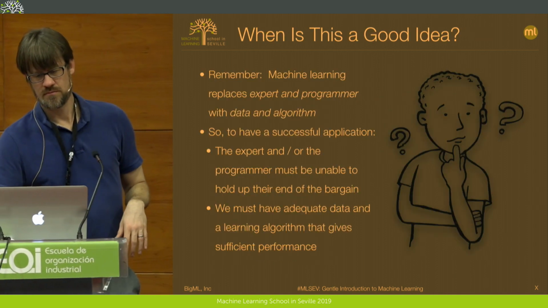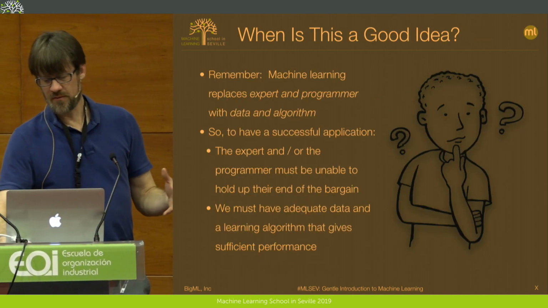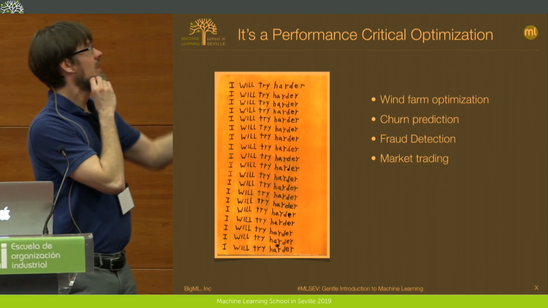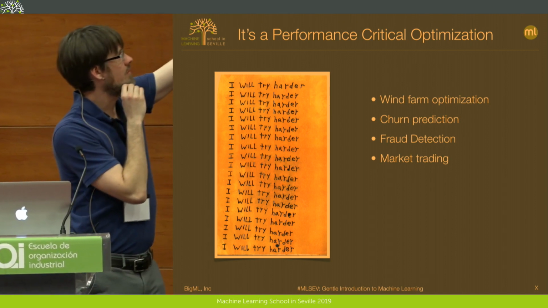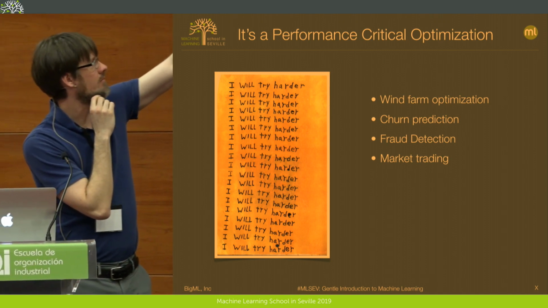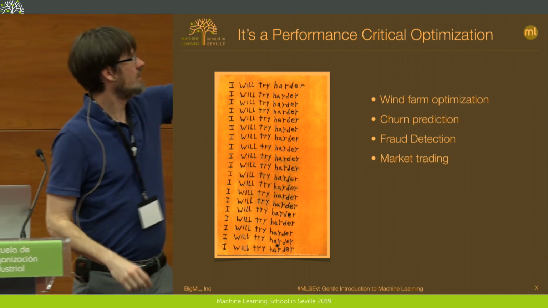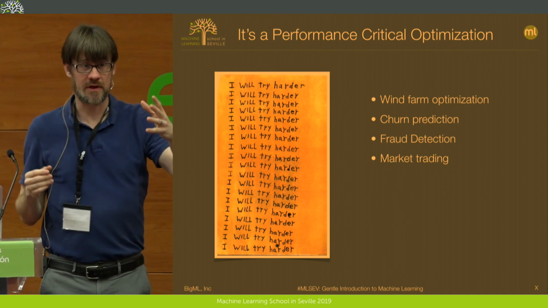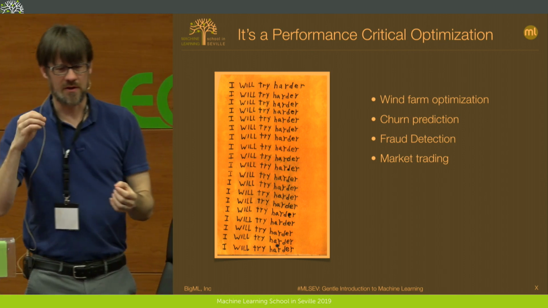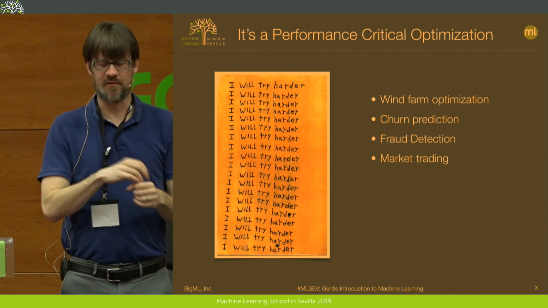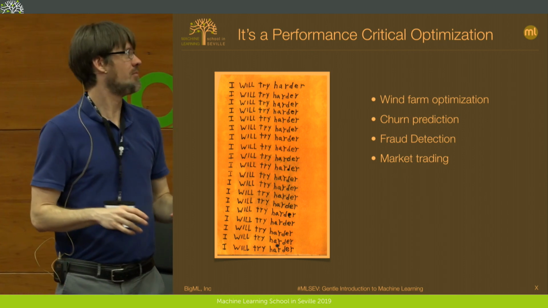So, some of the spaces where this is true. First of all, performance critical optimization. Churn prediction, the example we've been using, is actually a good example of this. We can get a human to develop a targeting system that has some performance.